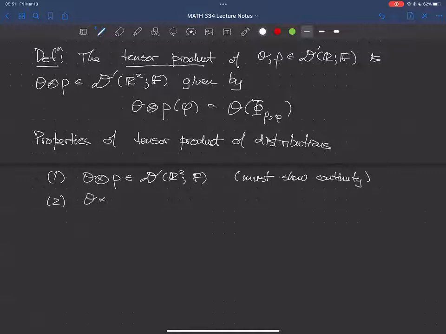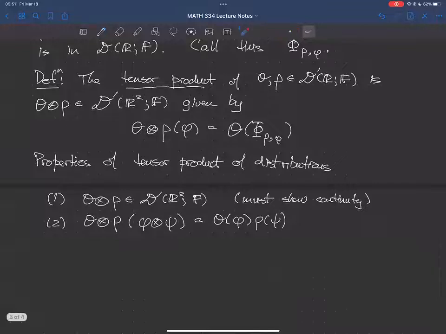Theta tensor rho acting on phi tensor psi, the very specific test signal in two variables defined by phi(s) psi(t), is what you hope it is: theta of phi times rho of psi. That's pretty obvious if you look at how this is constructed.